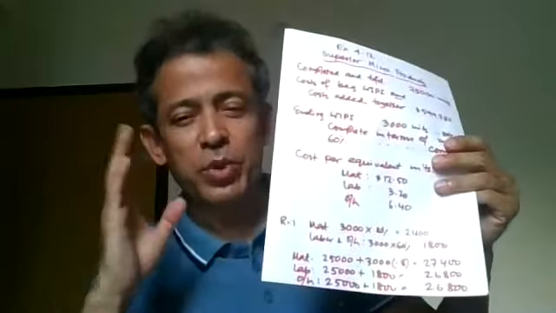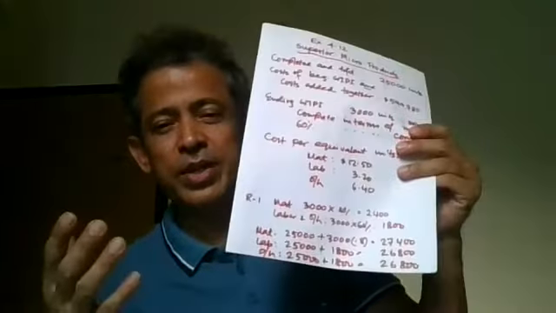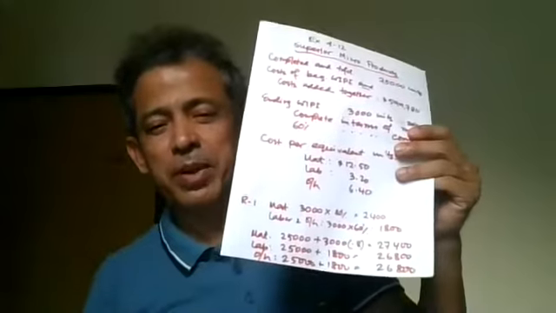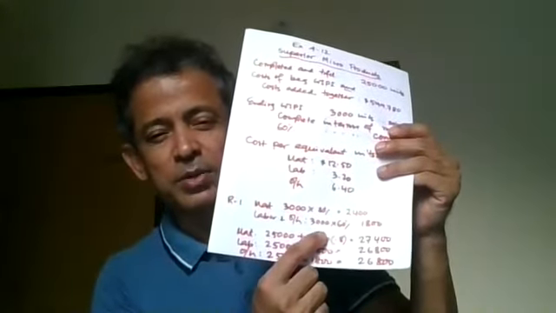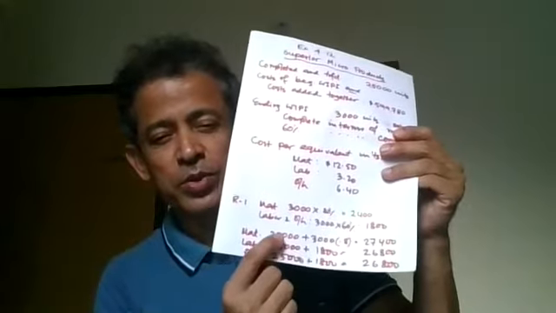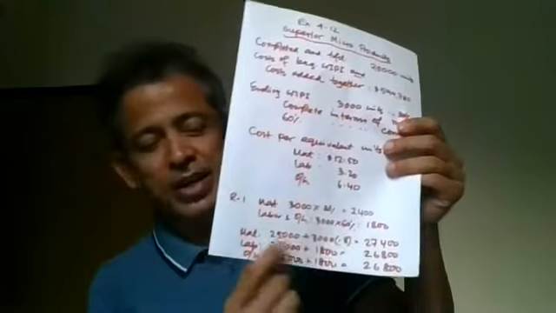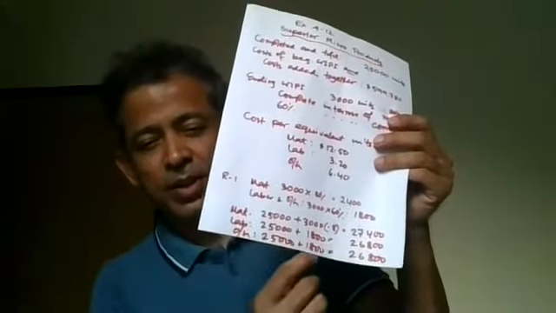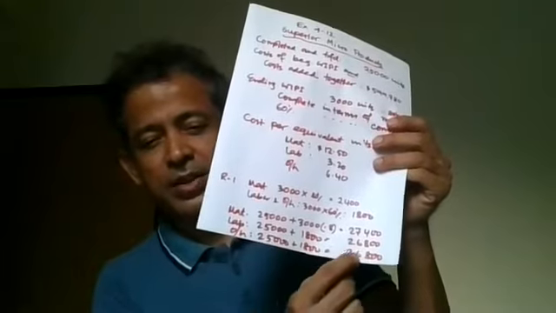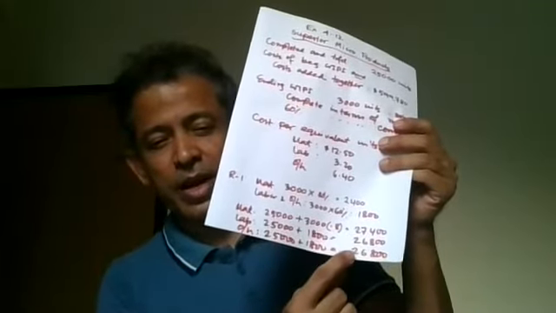So remember, bring the 25,000 in each category of each cost element, because 25,000 has been transferred to the big brother, to the next department. So 25,000 plus 3,000 times 0.8, which is 2,400, so 25,000 plus 2,400 is going to be 27,400. Then 25,000 plus 1,800 is going to be 26,800, and 25,000 plus 1,800 is also going to be 26,800. So these are the different equivalent units for material, labor, and overhead.